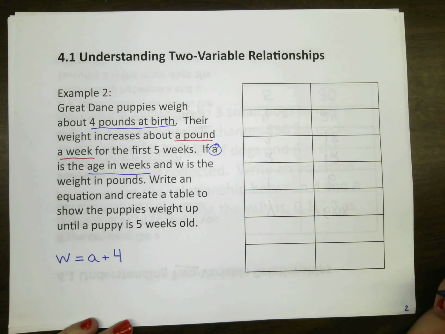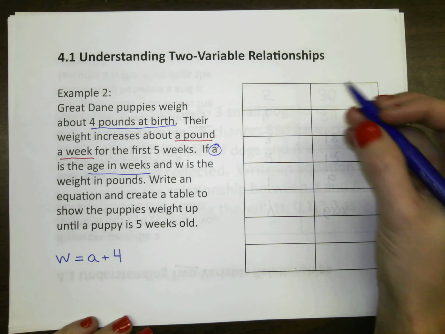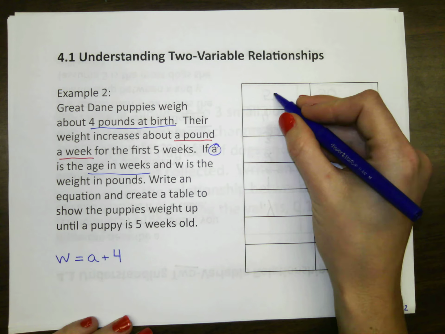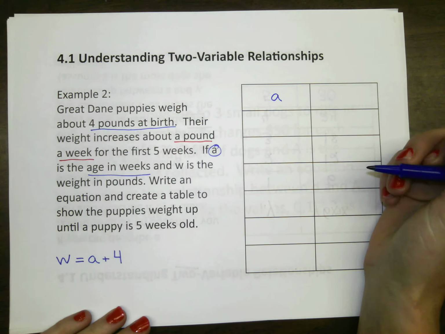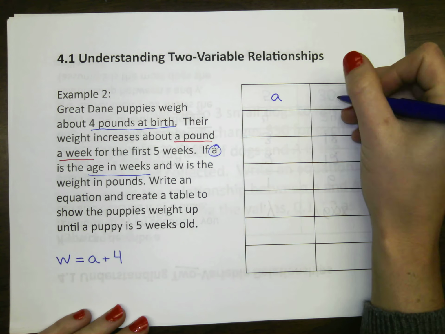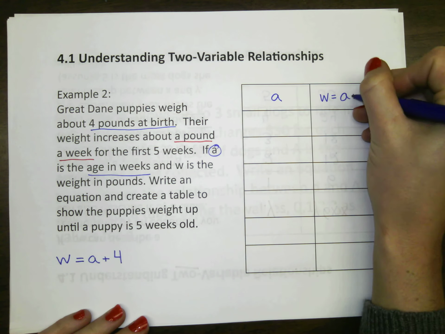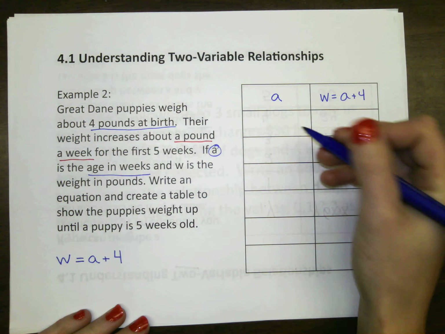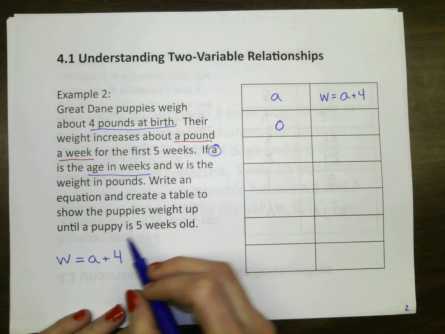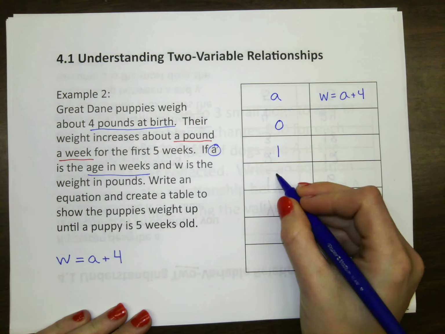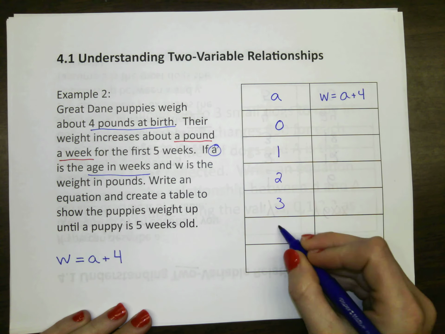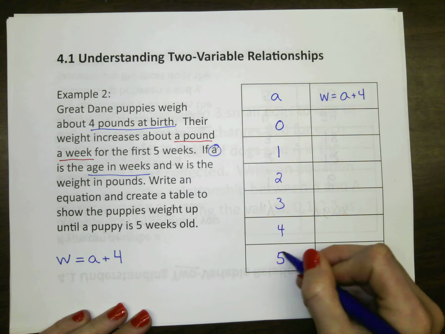So we could then create our table by putting our A here, depending on how old it is, and then its weight here. It says up to 5 weeks, so 0, 1, 2, 3, 4, 5.